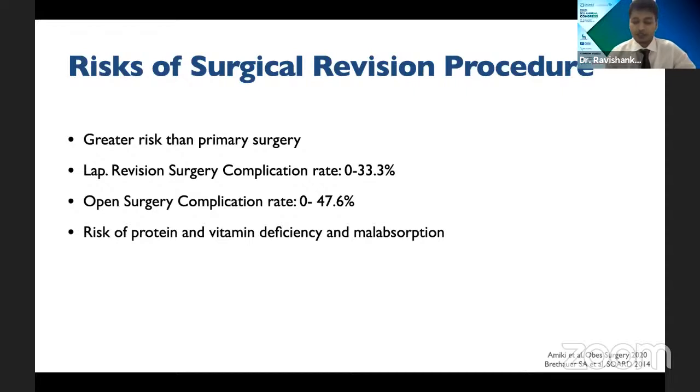As Barham has highlighted in his previous slides, the hospitalization stay increases and there is increased risk of leaks. More importantly, we must understand that subjecting these patients to complex malabsorptive procedures puts them at risk of protein and vitamin deficiency and malabsorption. And in the long run, with repeat surgeries, there is a chance that they may develop psychiatric illnesses as well, like depression and so on.